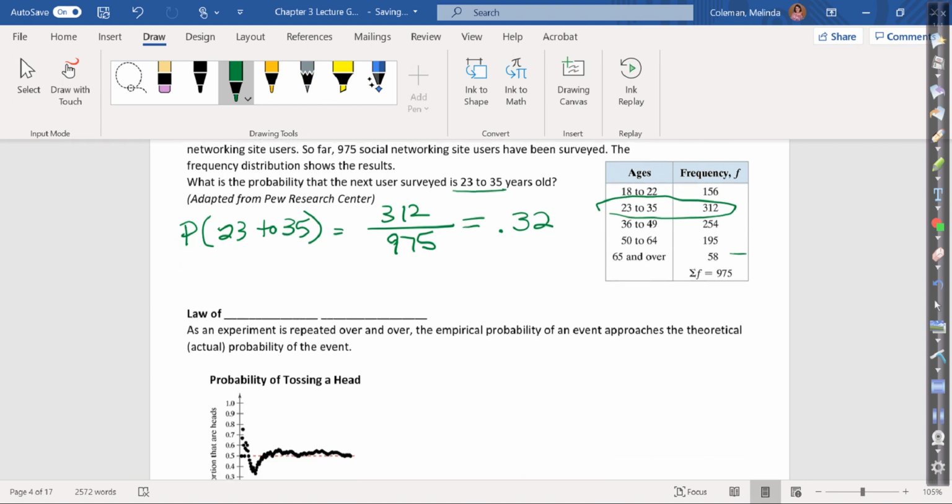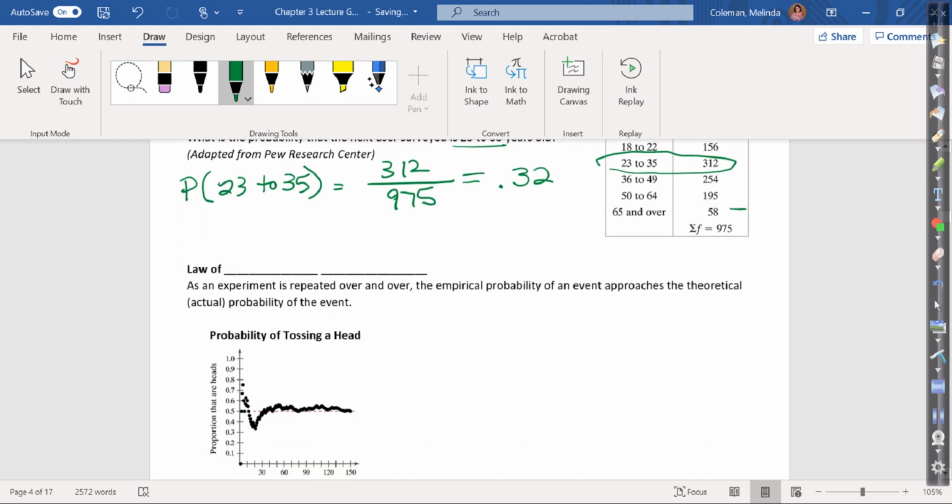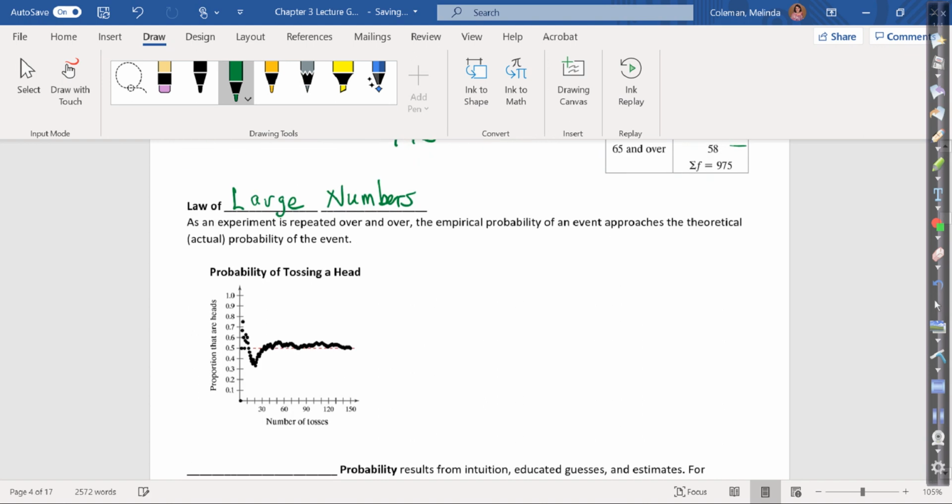So one of the things that we're also going to use to help us with probability and determining how we get answers is what's called the law of large numbers. That says if an experiment is repeated over and over, the empirical probability of an event approaches the theoretical probability of the event.